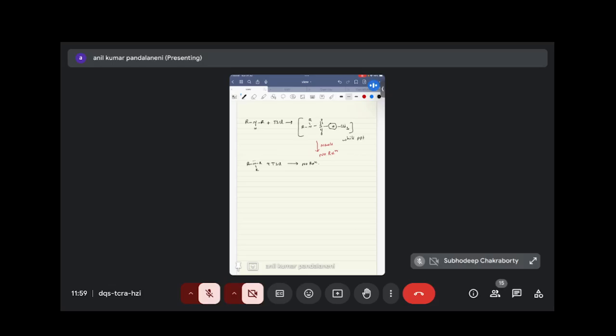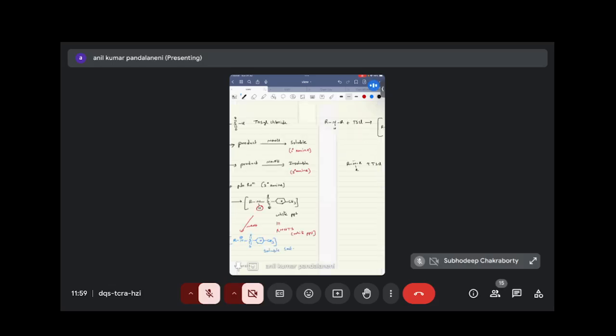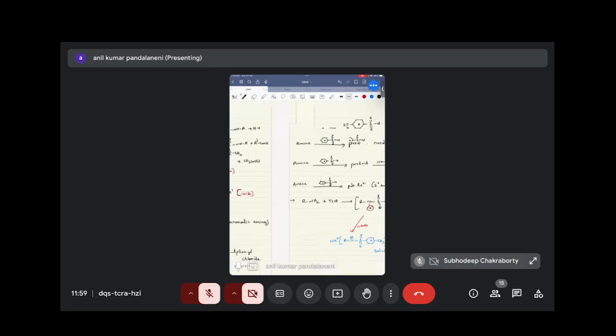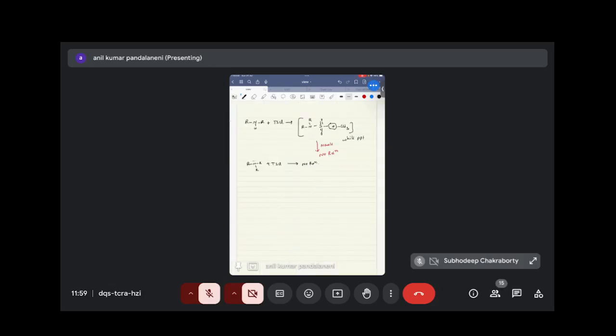Now come to the next reaction, that is number 7. Now, reaction with halogen. Now here it is an electrophilic substitution. Okay. Now we are having H, and one of the protons will be replaced with halogen only.